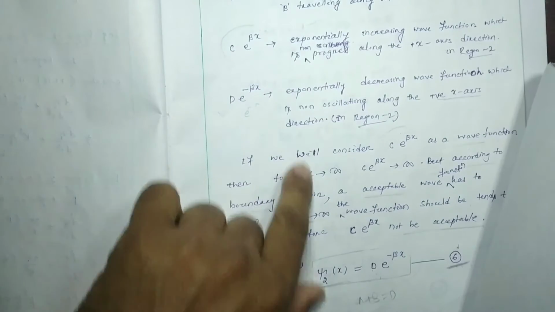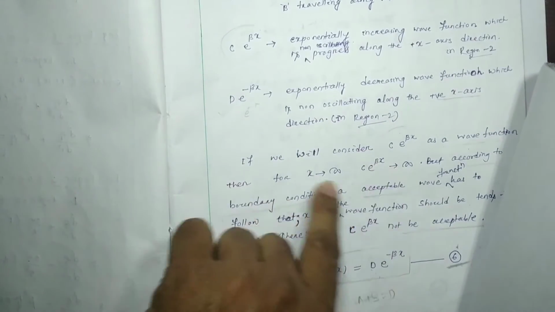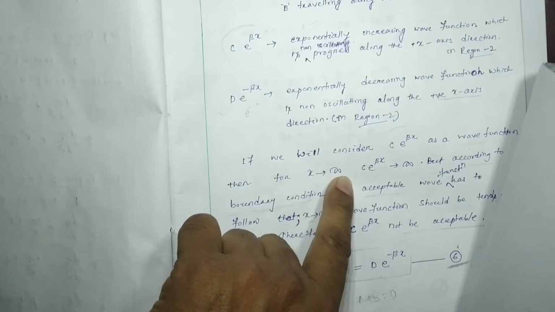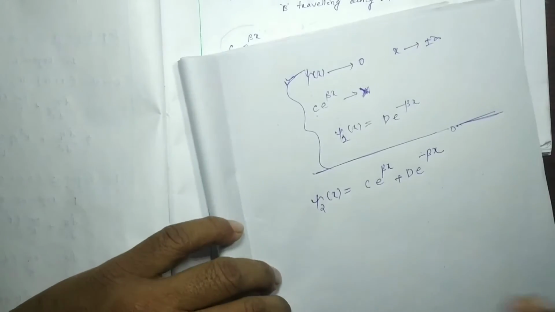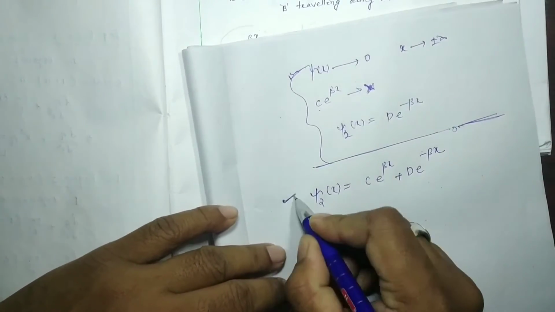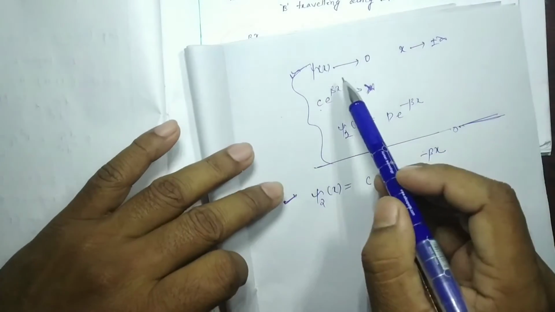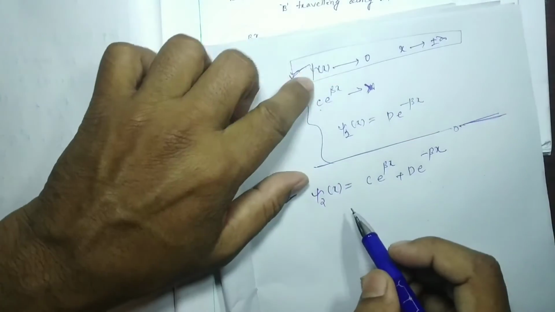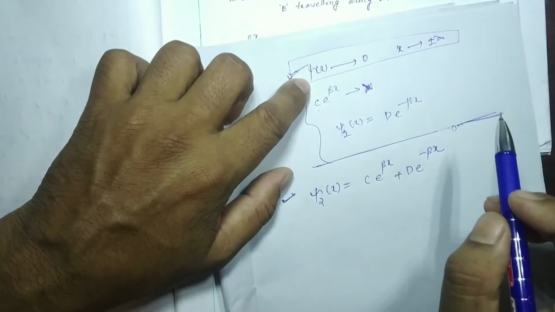Here we explained that this will be infinite when x tends to infinity, but it has to be 0 when x tends to infinity, hence this is not acceptable. Some other books directly use the boundary condition in this fashion: psi tends to 0 when x tends to plus or minus infinity.